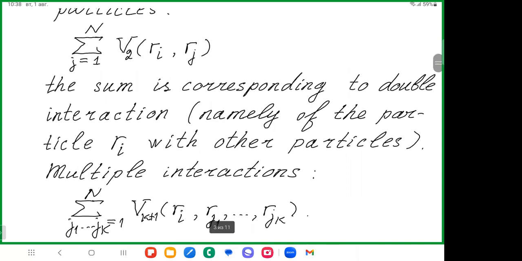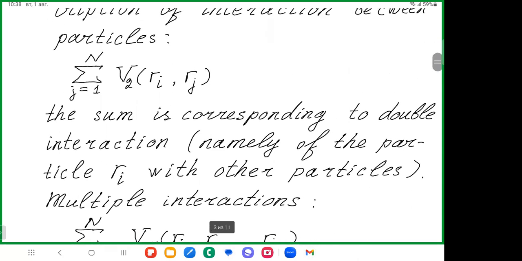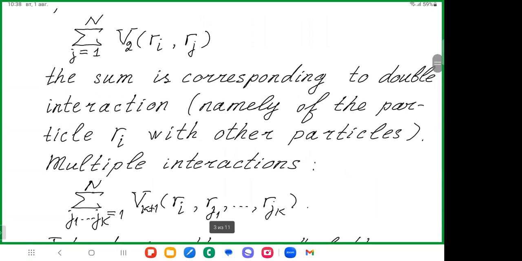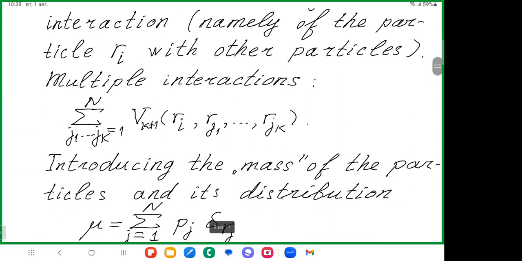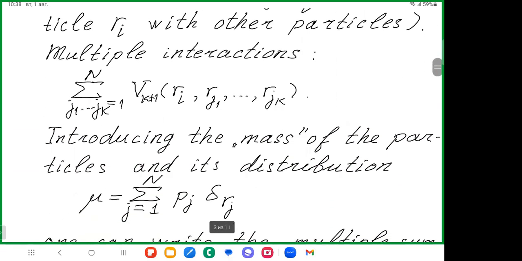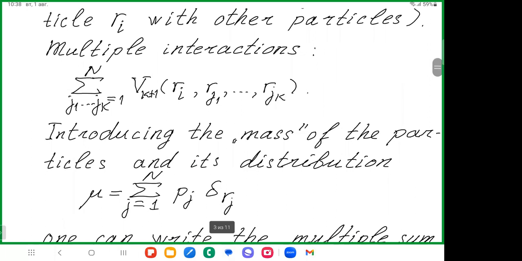In order to generalize or to extend this sum to the large number of the particles, let us introduce the distribution of mass of the particles.